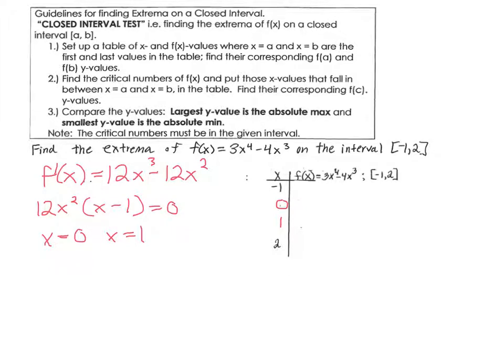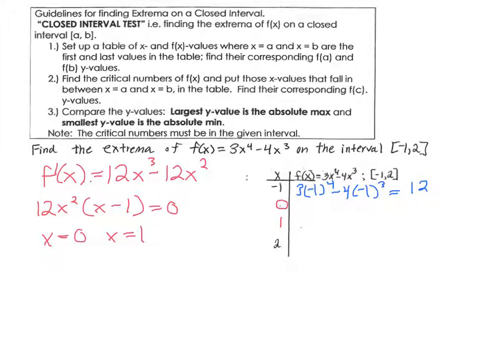Now I can plug those 4 x values into my original function, and then I can see if there's any absolute maxes, which would be the highest y value, absolute mins, or relative maxes or relative mins. So let's go ahead and plug all those in. If I plug in a negative 1, I would get 3 times negative 1 to the 4th minus 4 times negative 1 cubed, which would be 3 plus 4, which is 12.